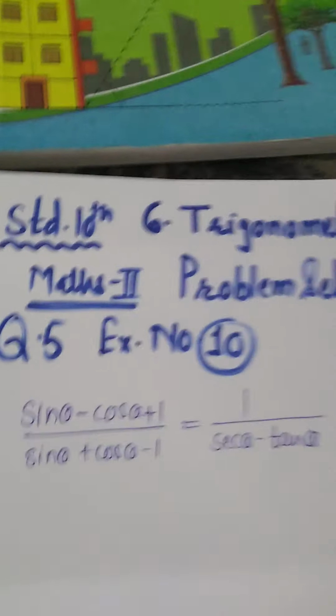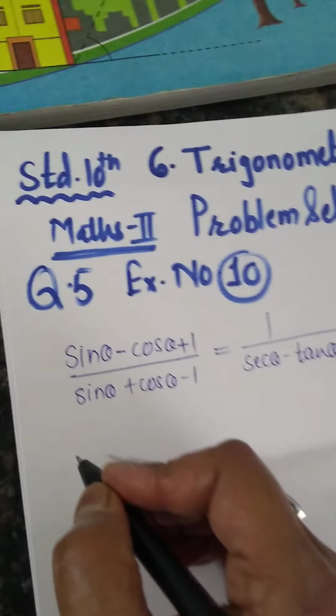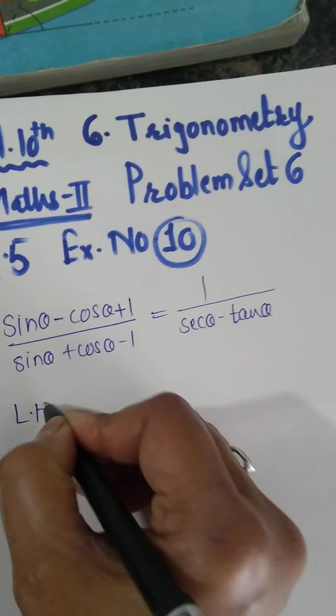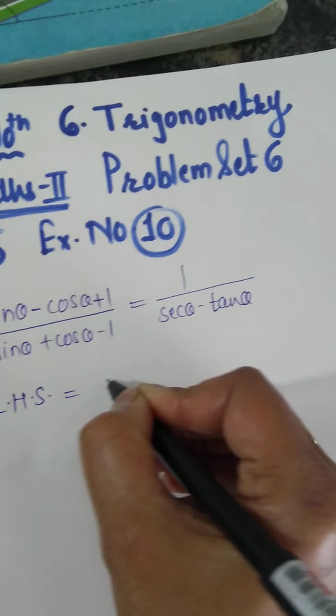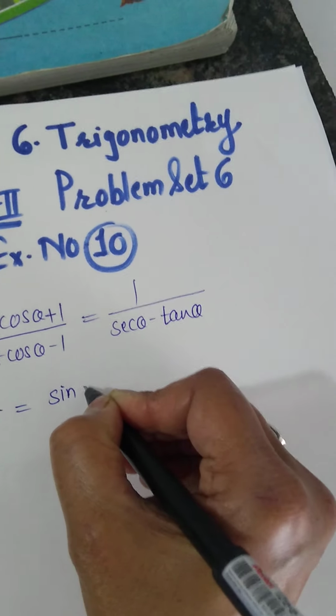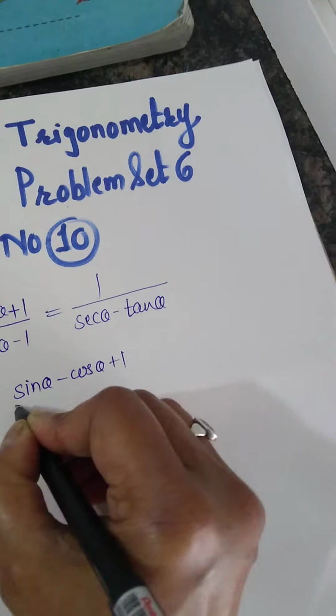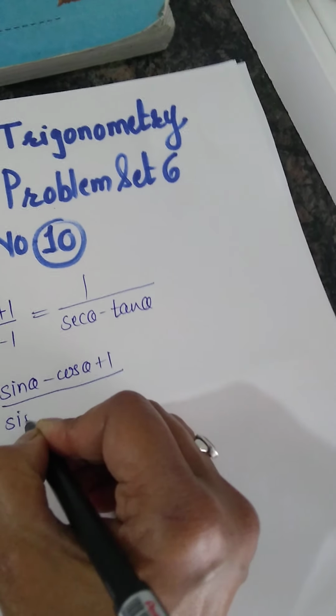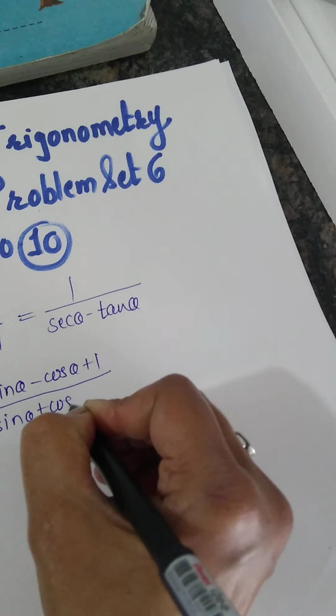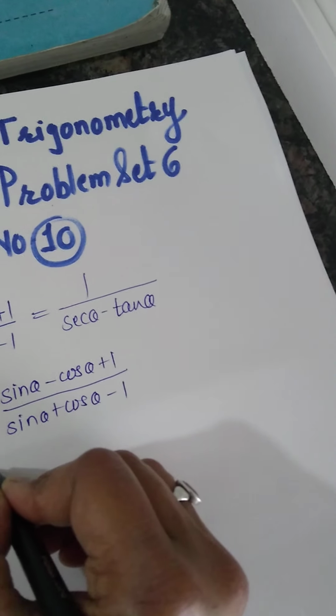So we first take the LHS, that is the left hand side. We write here (sin θ − cos θ + 1)/(sin θ + cos θ − 1) equal to.